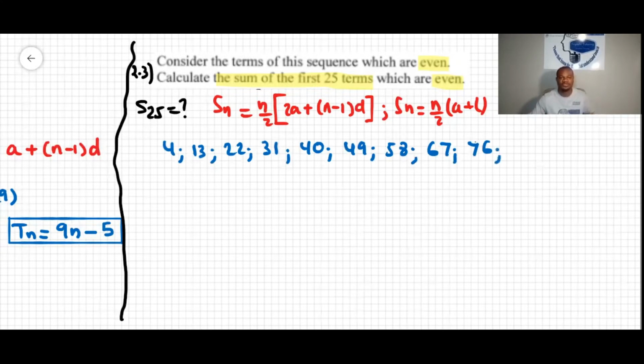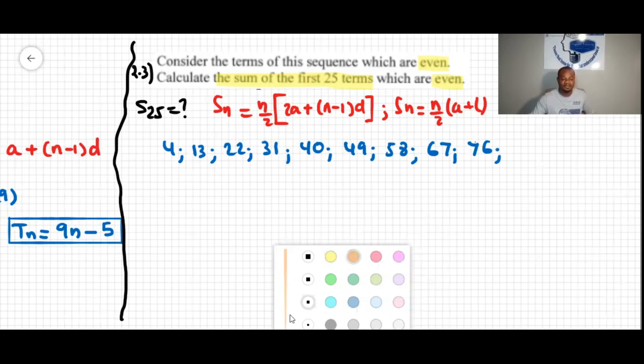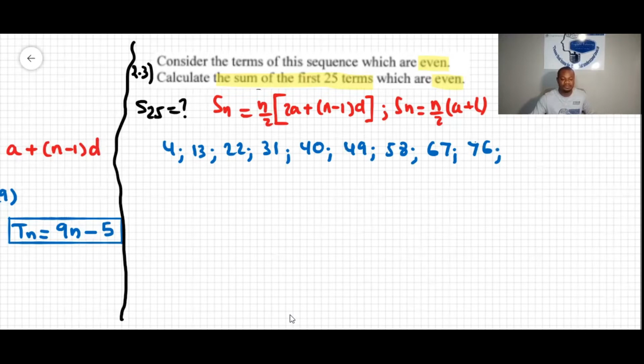If we extend the sequence, it's going to be like that. Now the question says consider the terms in the sequence that are even. I will highlight the terms that are even. 4 is even, but 13 is not. 22 is even, 31 is not. 40 is even, 49 is not. 58, 76. Those are the even terms, okay?